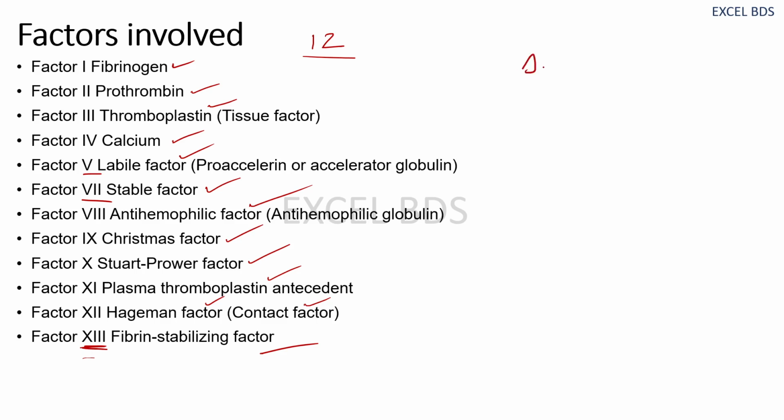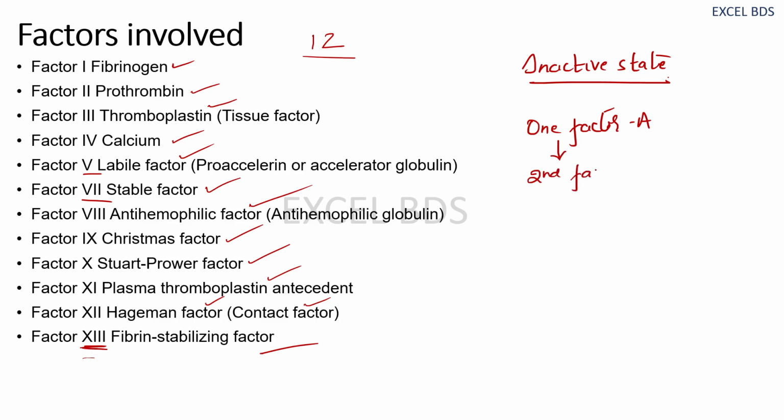All these factors which take part in the coagulation of the blood are in an inactive state. Something activates these factors and triggers their activation. Initially only one factor becomes active, and this factor triggers the activation of the second factor.